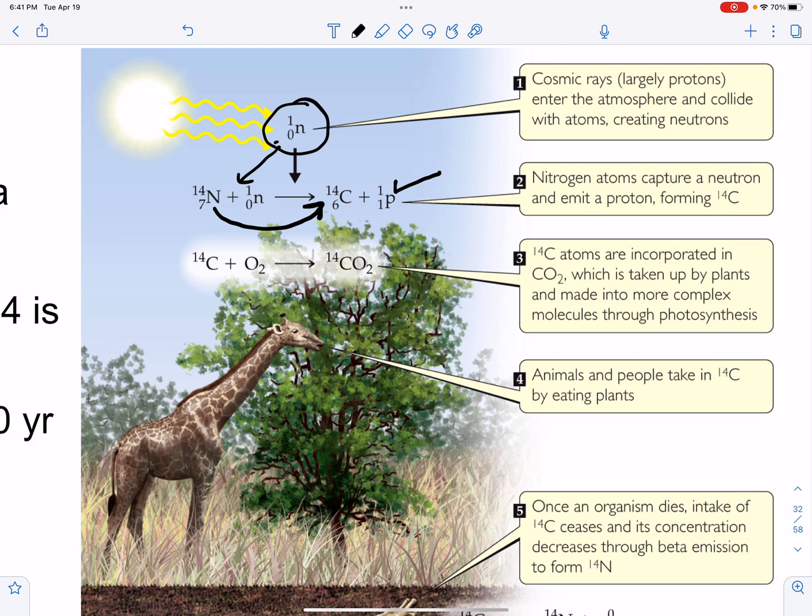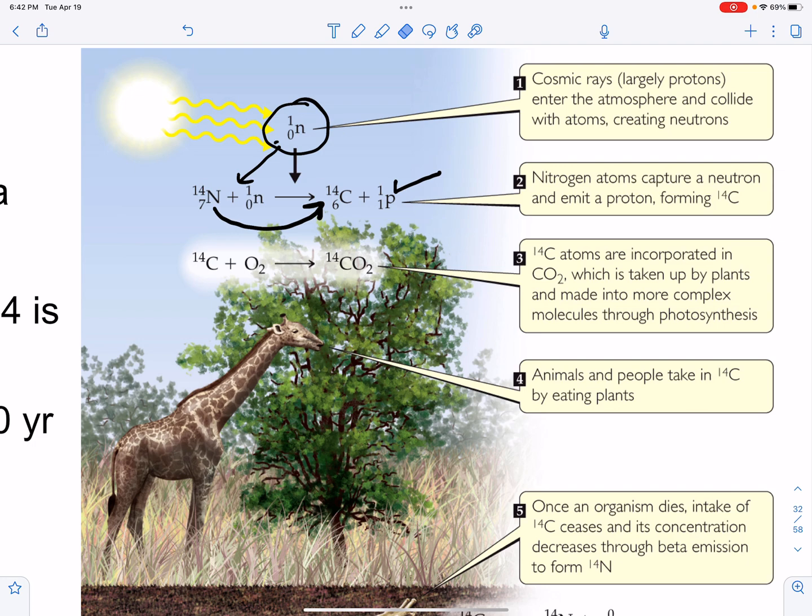So that carbon-14 is going to be in the atmosphere combined with carbon-12, which is the most abundant. And as long as the conditions are the same, the ratio between carbon-12 and carbon-14 is a permanent ratio for animals and plants that are using the carbon dioxide.